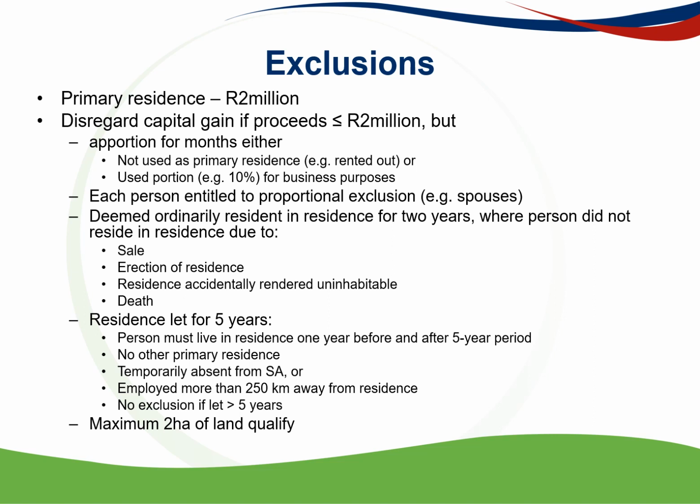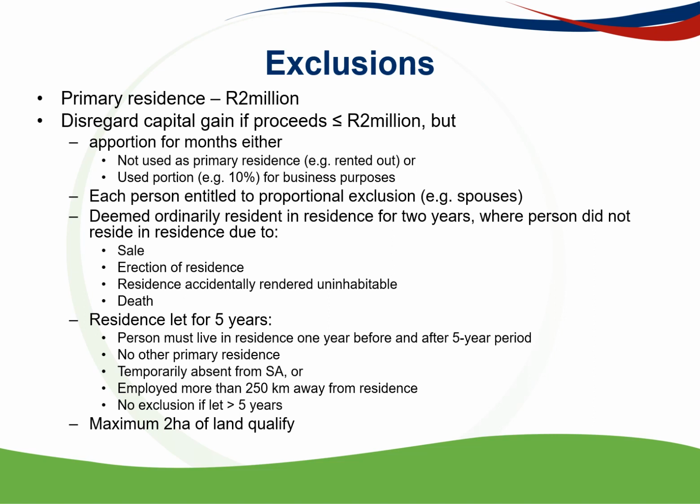Then there's another exception where a taxpayer is deemed to be ordinarily resident in a primary residence for 2 years, where the person did not actually reside in the residence because the taxpayer was busy trying to sell that primary residence. So for 2 years he couldn't sell it.